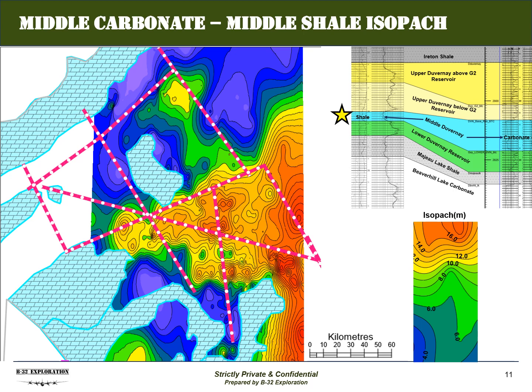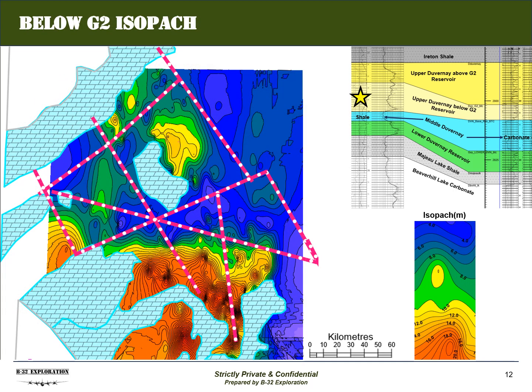As we follow from here to look at the upper Duvernay in its two pieces, the G above the G and below the G, I just wanted you to take a look and see what the net effect is on the way materials were being deposited north and south of that particular carbonate platform. So when we look at the below the G2 isopach, one of the things you'll note is that where the carbonate below it was thick, the material from the below the G2 isopach is thin.